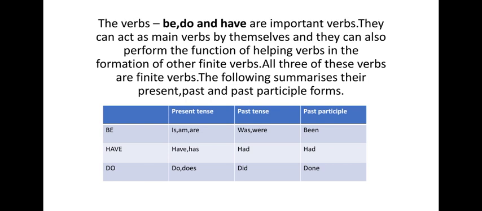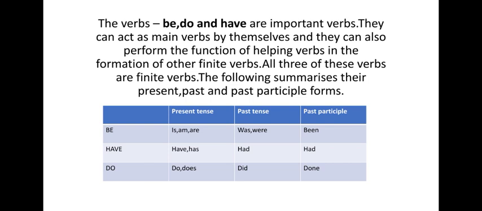Now class, we have already done finite verbs and non-finite verbs. Now you know what finite verbs are, right? These verbs be, do, and have help in the formation of finite verbs. Finite verbs means verbs that change in terms of number, person, and tense. Getting it?